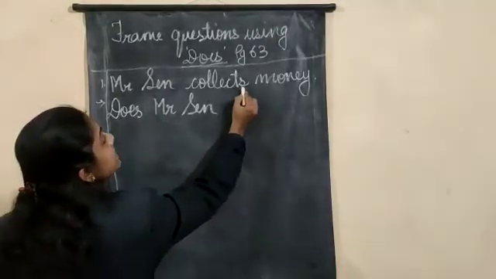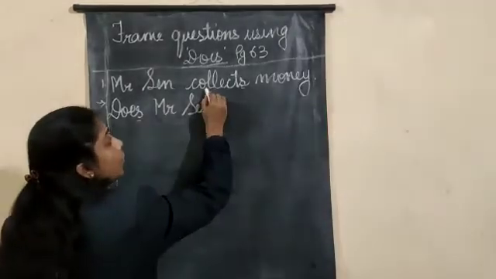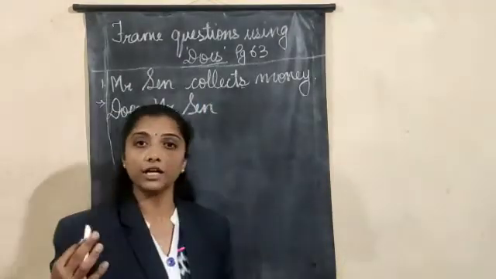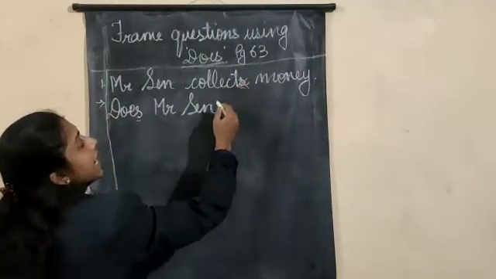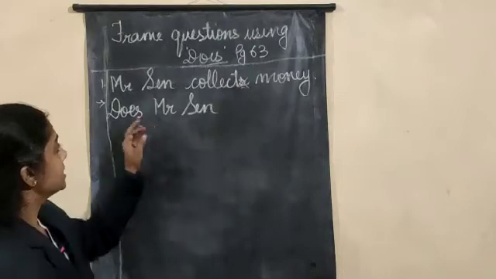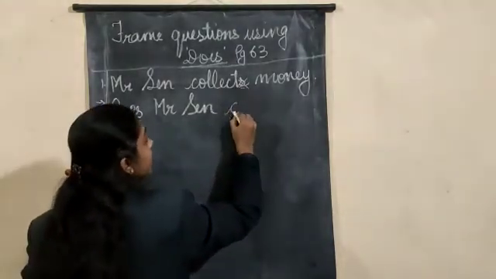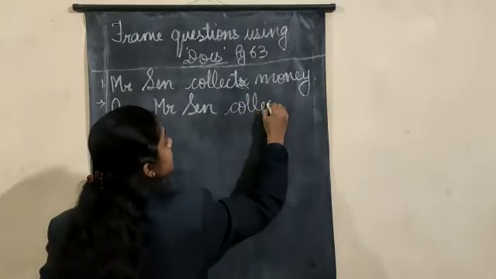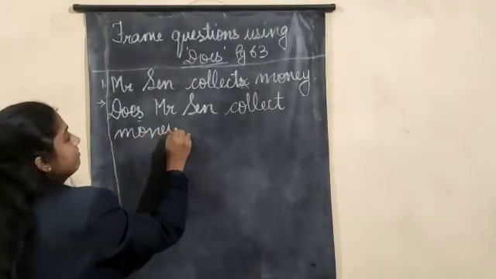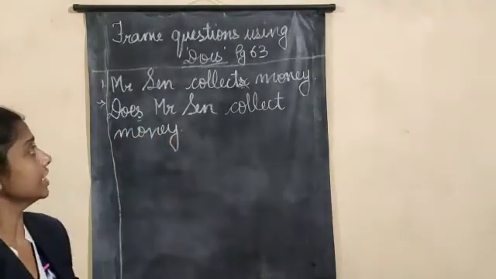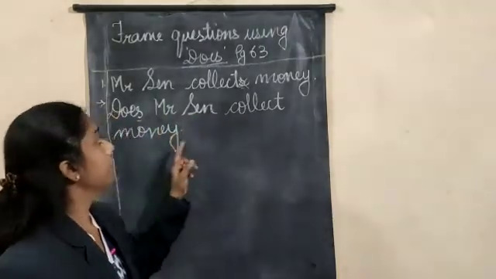But as this S has already come here, what do we do? When we are framing the question, we delete the S. So we do not write S when we are writing the question. So we write only collect, C-O-L-L-E-C-T, collect money, M-O-N-E-Y. Is it clear, children? So, does Mr. Sen collect money?